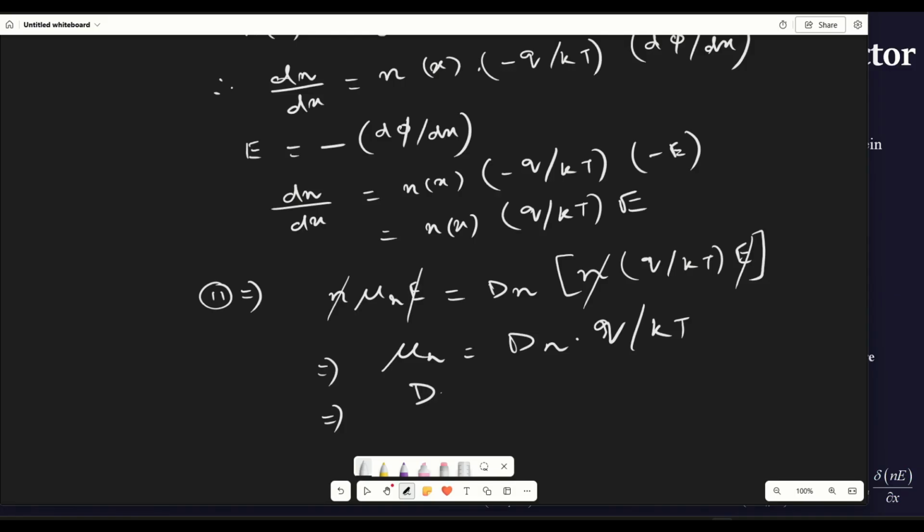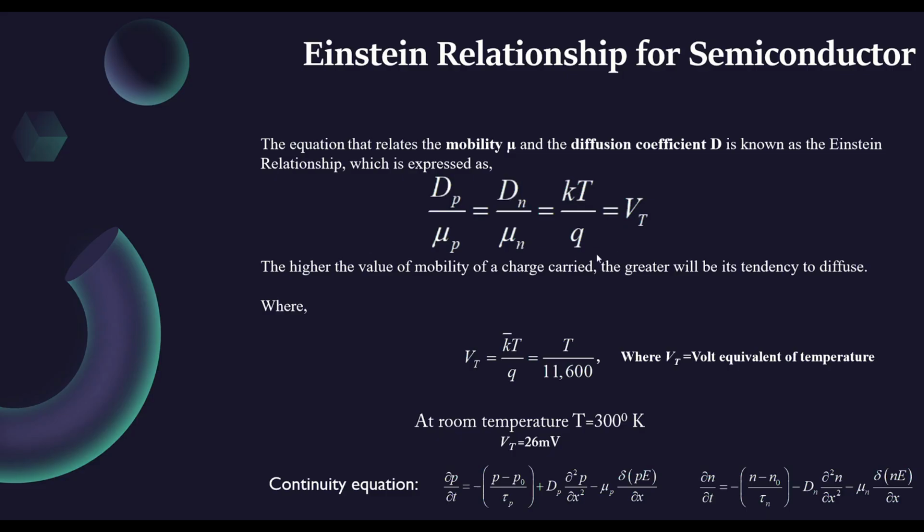So now if we determine Dn by mu n, it will be nothing but kt by q, right? Similarly, if we determine this, it will be equal to Dp by mu p. Which gives rise to the Einstein relation, which is given as Dp by mu p equals Dn by mu n equals kt by q.